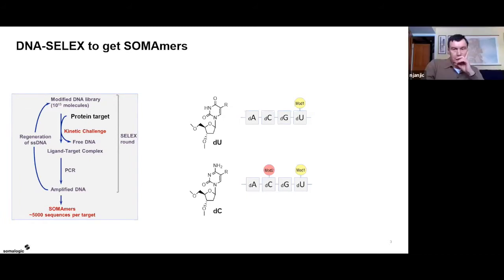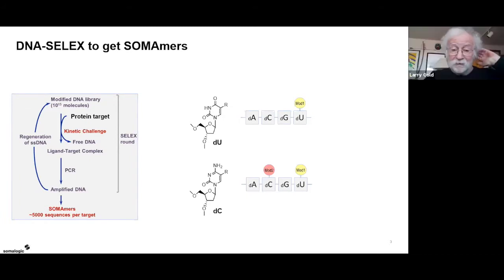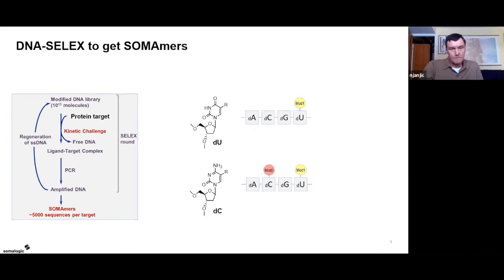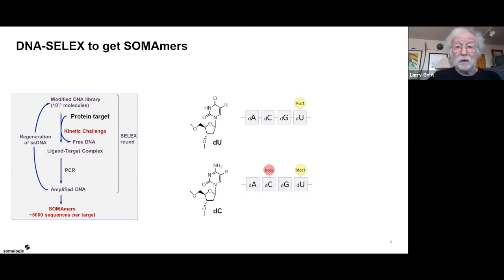We have many more modifications on U than on C. And everybody talks about click chemistry and this way of generating additional variations. It was wonderful hearing them. I just read last week Gunter's wonderful longer version of the one you heard today about click chemistry, and it's all terrific. Next slide.